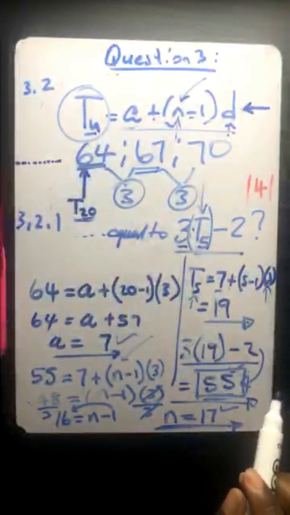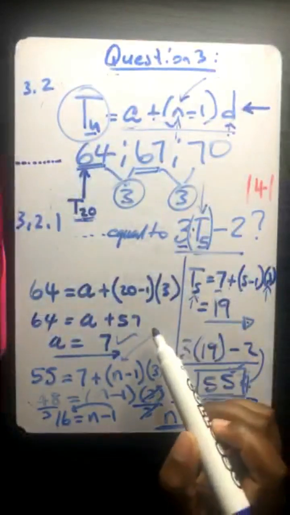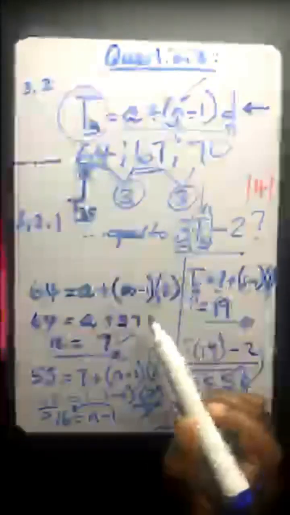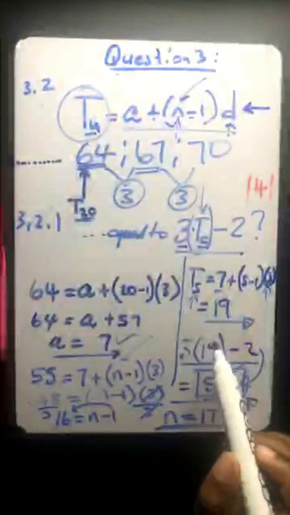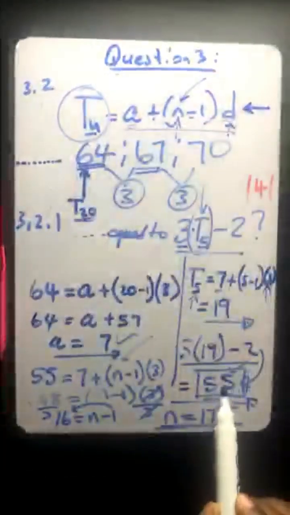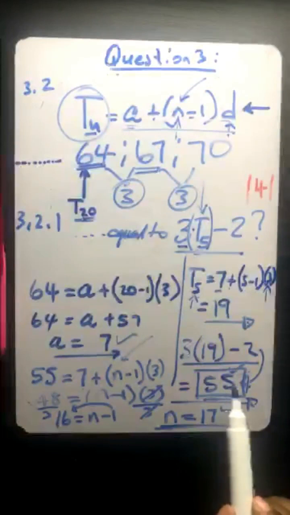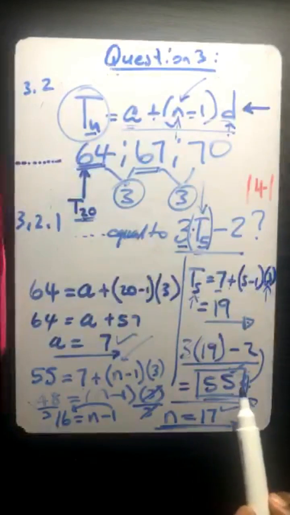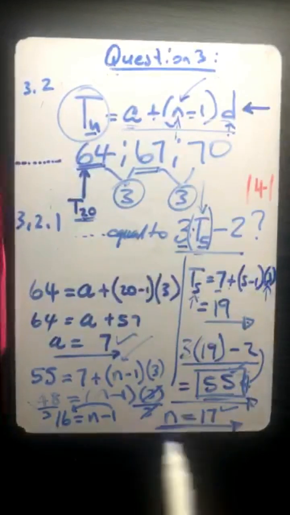So in our case, we're taking a long route by substituting those values. But most importantly, whichever way you work it out, as long as you can get to that final answer.